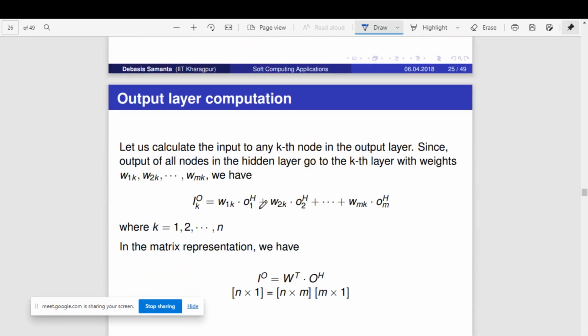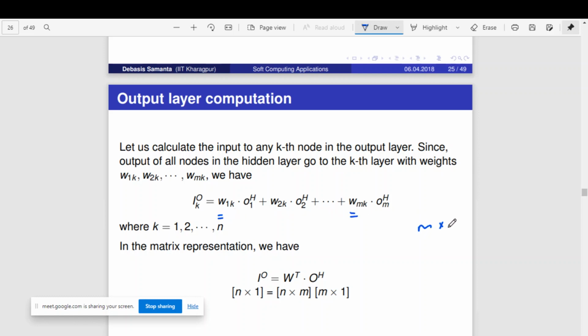Now the output layer computation. In the output layer, what activation function are we using? Yes, the tan sigmoid activation function or transfer function. For the output layer, the weight is represented using W. What is the size of this matrix?